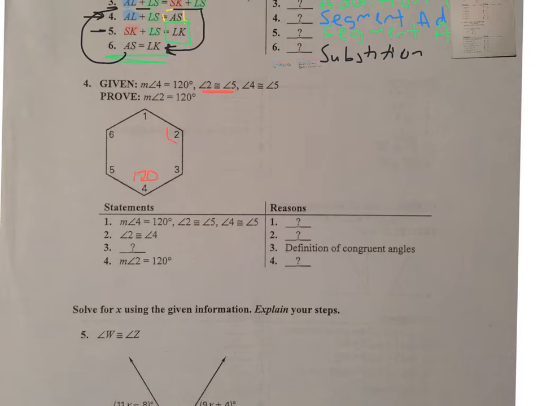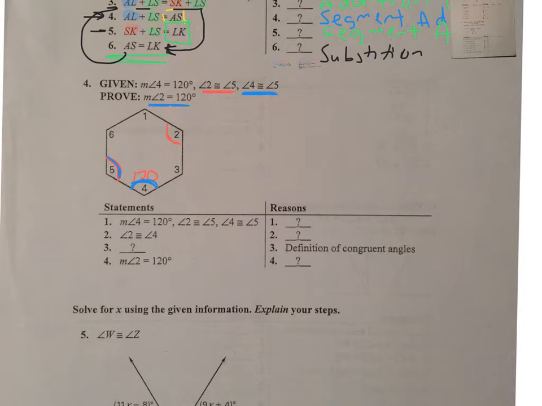Okay, well, angle 2 and angle 5 are congruent, so why don't I put a swoop on each one to help me remember that those two are equal. And then another given, angle 4 is congruent to angle 5. Okay, well, that makes sense.